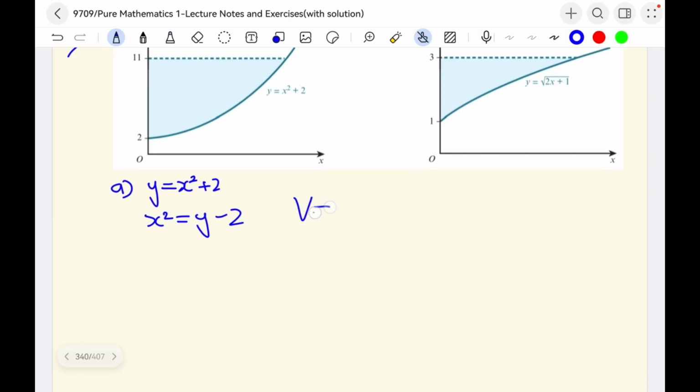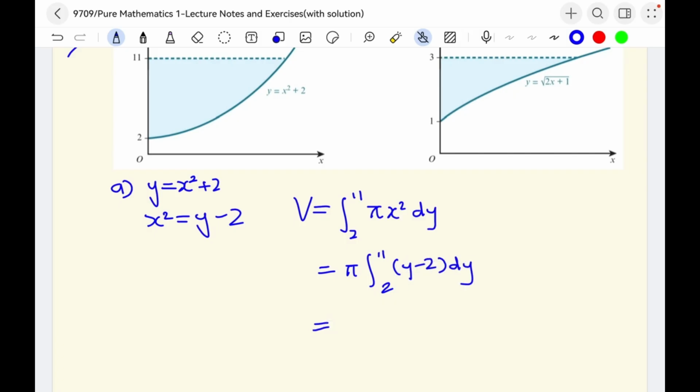So the volume of the shaded region starts from 2 to 11, where these limits refer to the y values. Pi x squared dy. Pi is a constant, you may put it outside. And x squared is y minus 2, then dy.